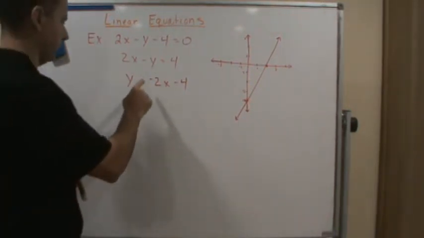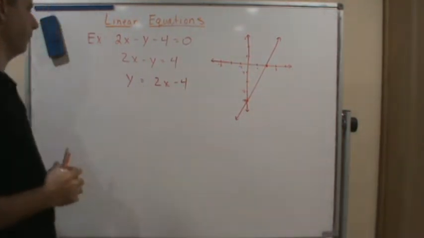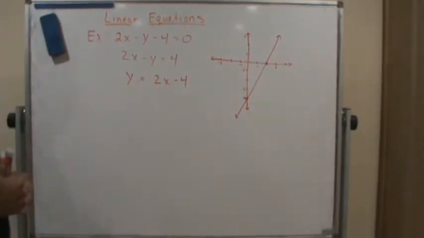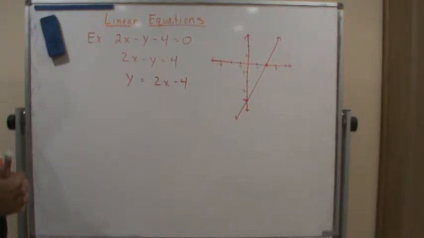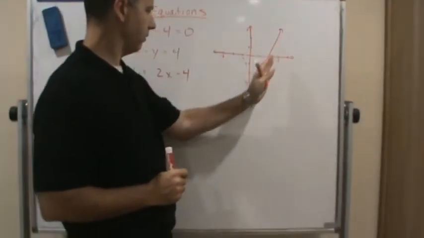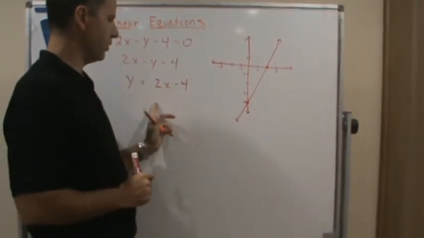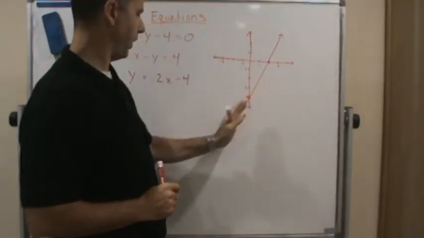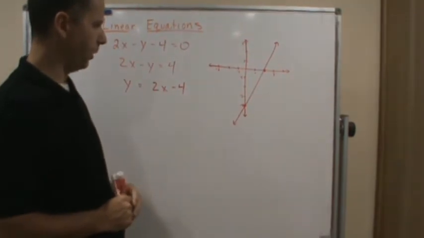Okay, well, actually that should be positive. So now if we graph this, we'll get a graph that looks like this. This is the graph of the equation y equals 2x minus 4.